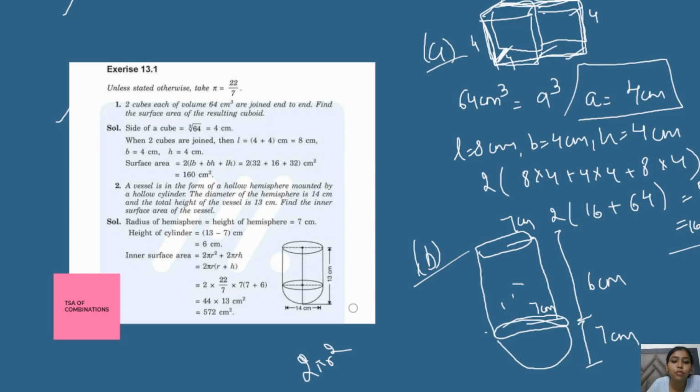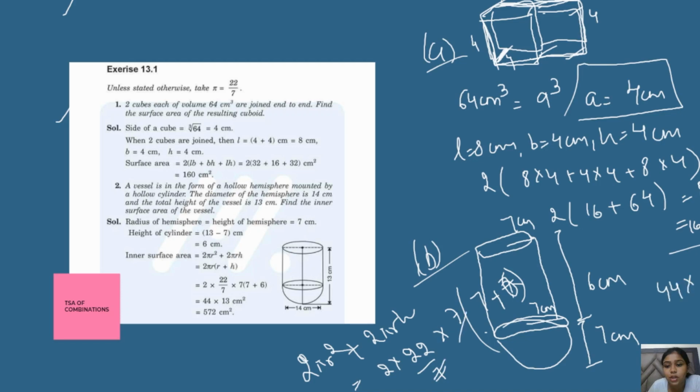So we take the curved surface area of both of them and take out the common terms. We are left with 7 plus h. Sorry, h is the height of the cylinder, that is 6, right? So we will be left with 44 multiplied by 13, that is 572 centimeter squared.